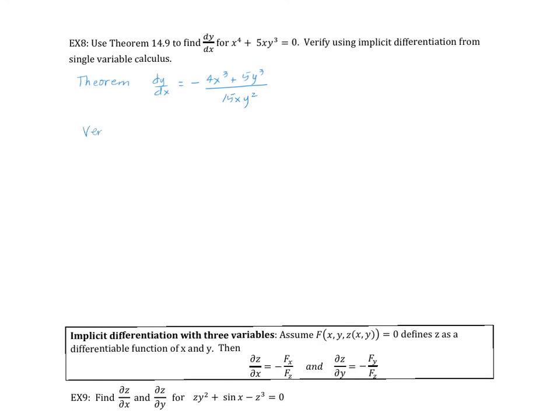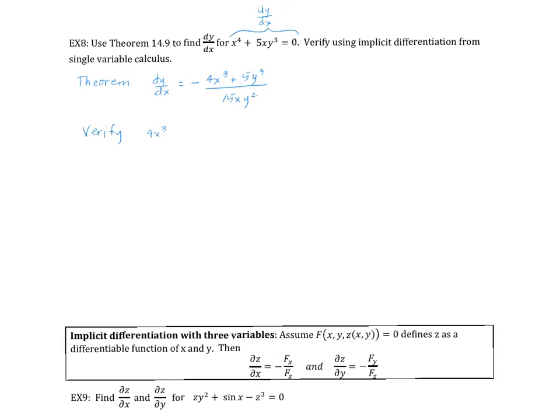So let's verify by using implicit differentiation. So we're taking this equation and we're trying to find the derivative of y with respect to x. So x to the fourth becomes 4x to the third. The problem with 5xy to the third is we have to use the product rule. It's 5x times y to the third.